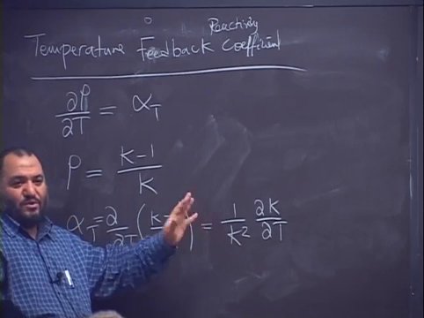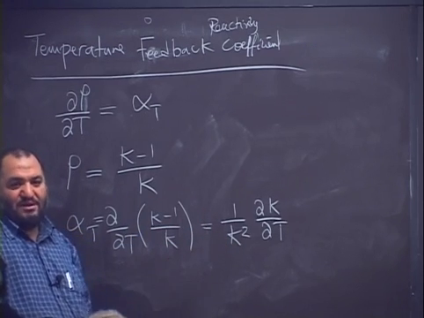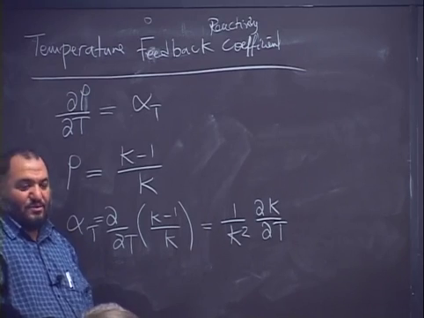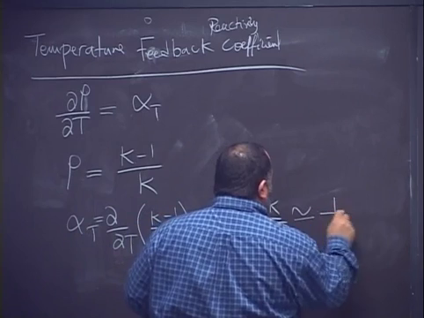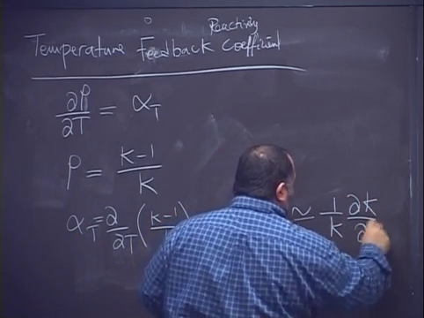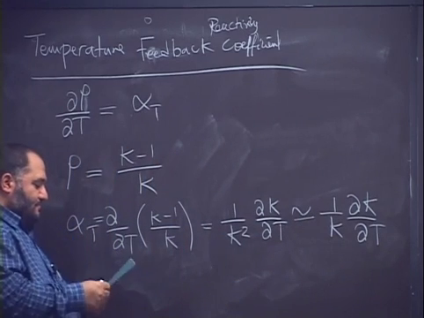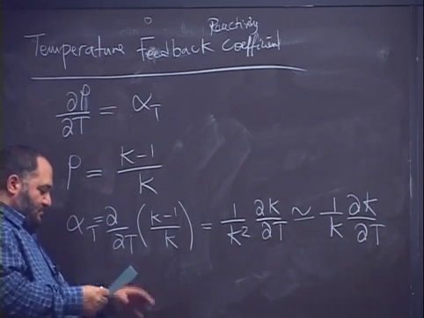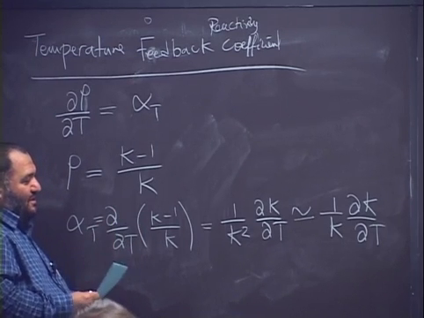So K square will be roughly K, and we can approximate this as 1 over K dK by dt.